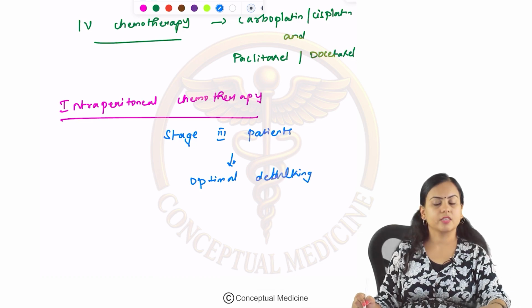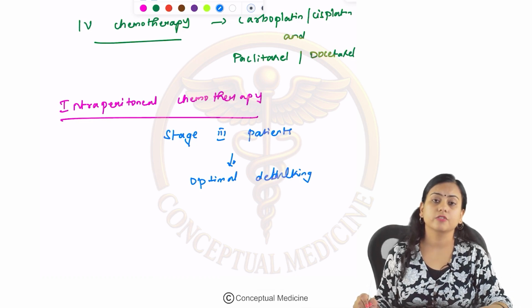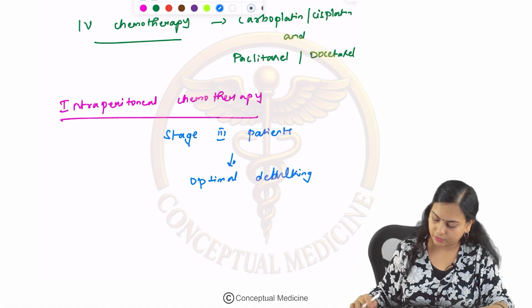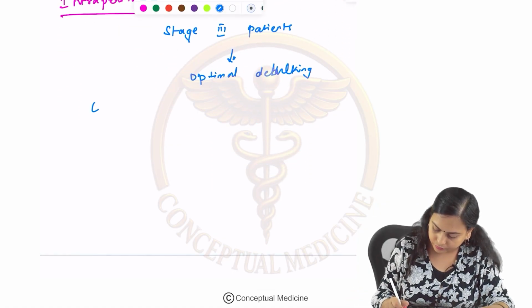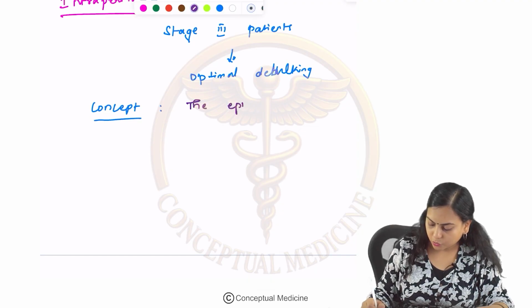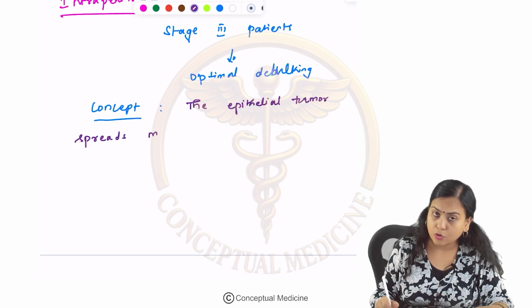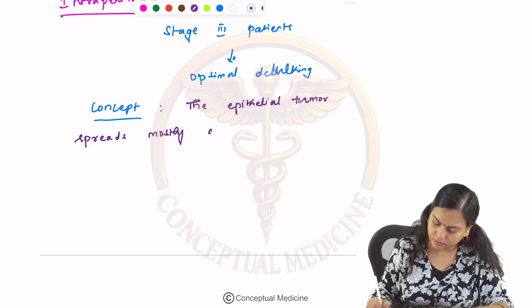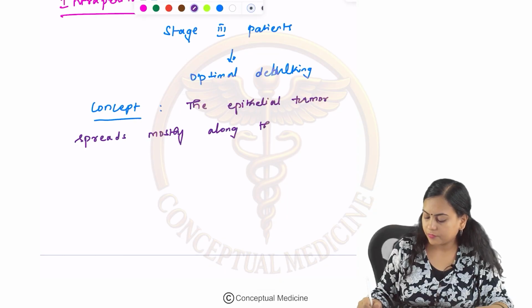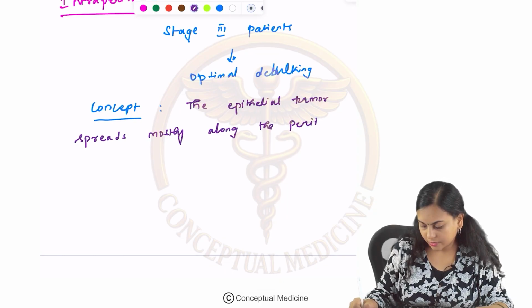Just now we saw, yes, less than 1 centimeter tumor size only should be left. Okay. And what is the concept here is, the epithelial tumor spreads mostly along the peritoneal surfaces.